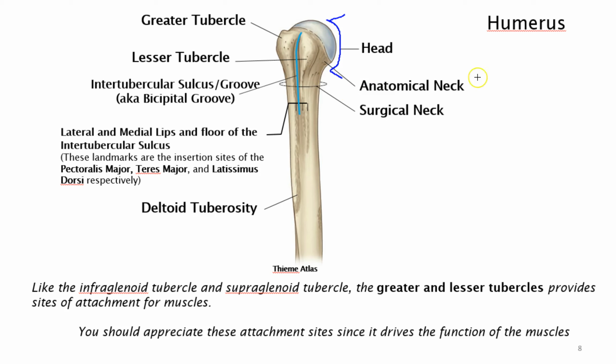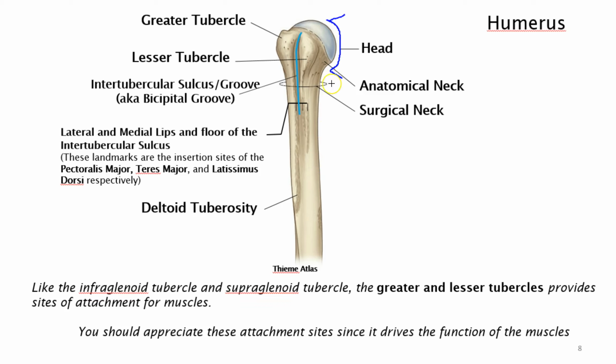Here we can see 2 structures called necks. The anatomical neck sits between the head of the humerus, which articulates with the glenoid fossa, or glenoid cavity, and the tubercular region here, or the shaft. So again, this anatomical neck sits between the head and the shaft of the humerus.